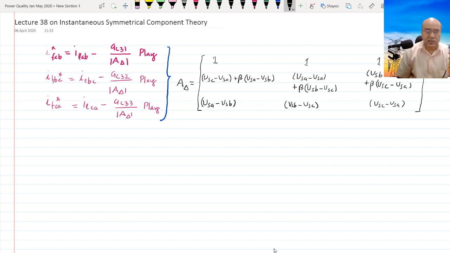This was the A delta matrix. So we have to find now the determinant of this matrix, that is A delta, and the cofactors of this matrix, AC31, AC32 and AC33. Then substitute these values in these current expressions. We will find the reference filter currents placed between line to line of the delta connected load, these three currents.